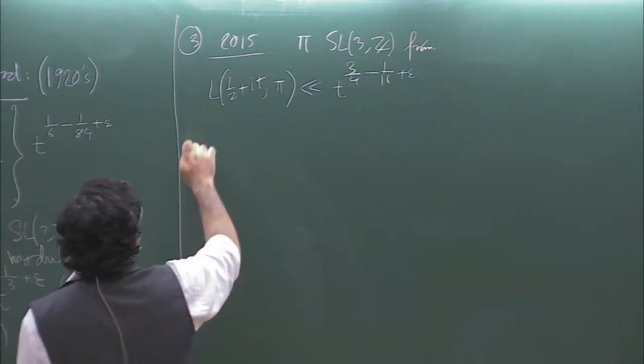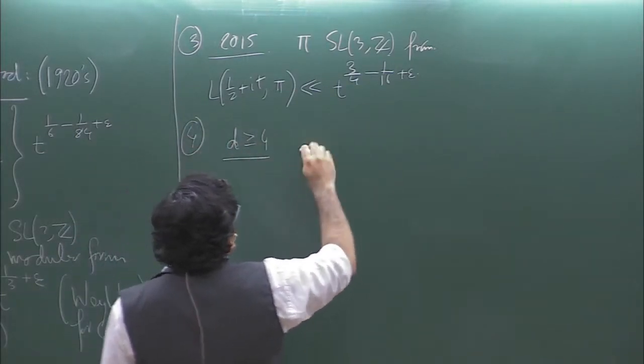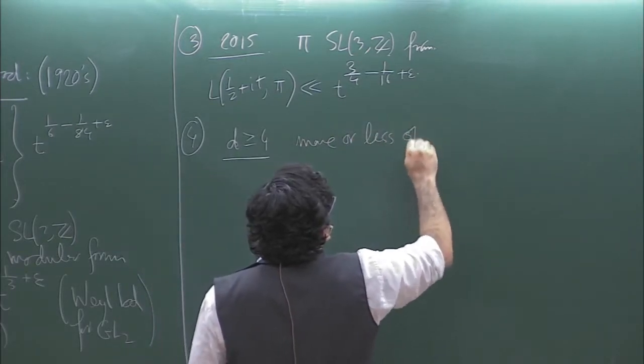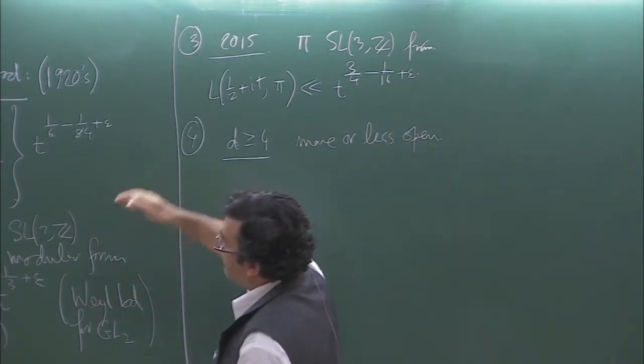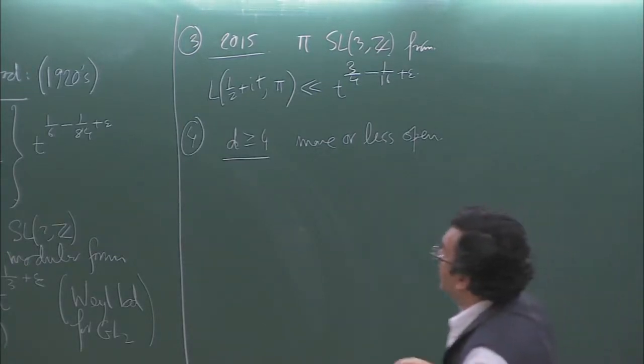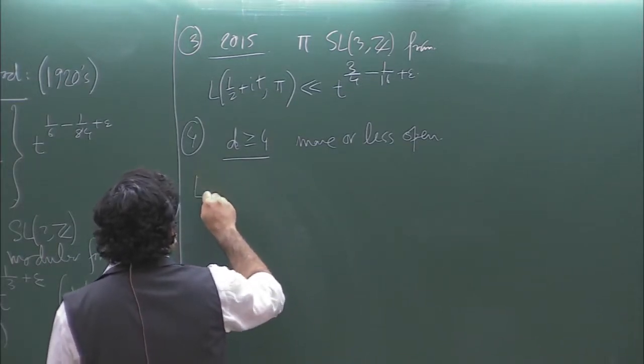Now for d greater than or equal to 4, this is more or less open. Whatever methods we have so far don't really work for d greater than or equal to 4. But in special cases, one can do something.